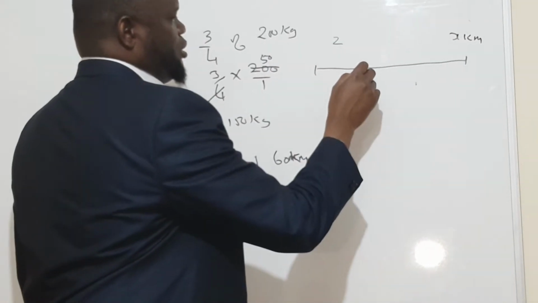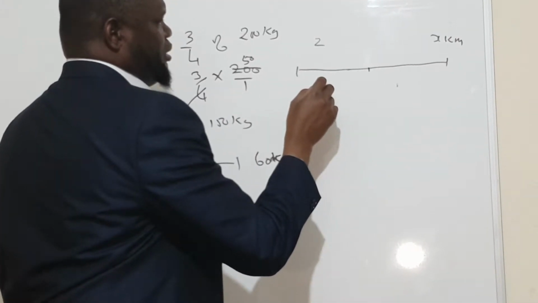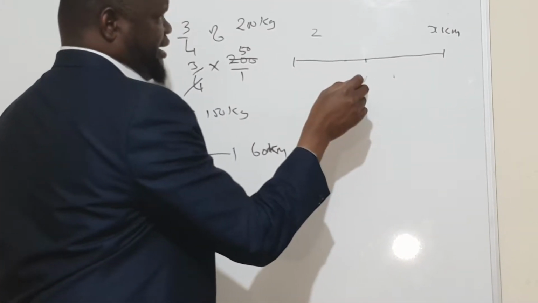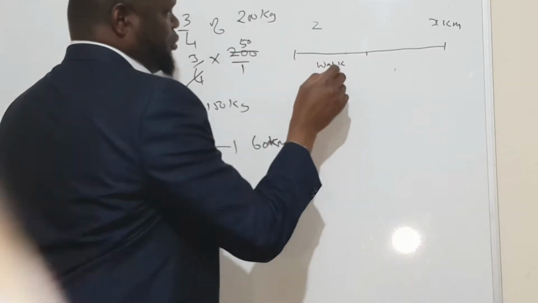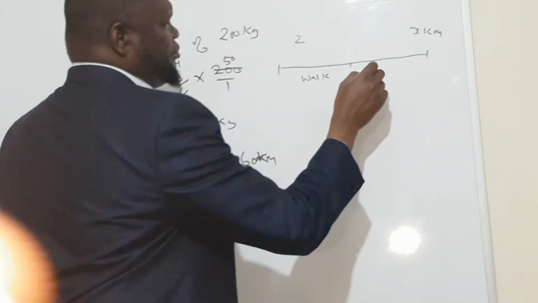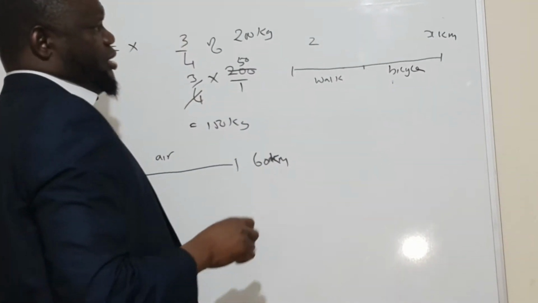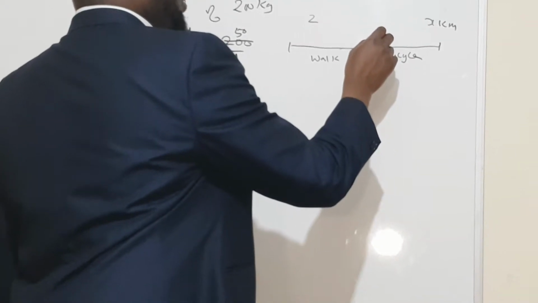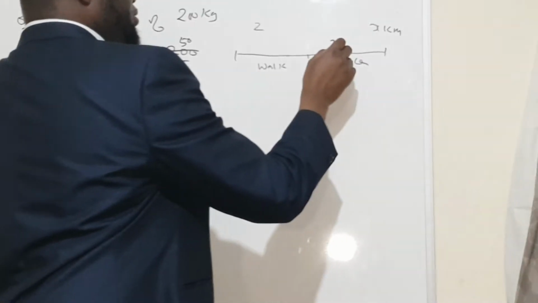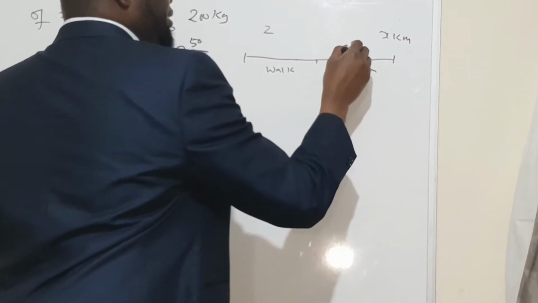Now, half of the journey, that will be an easy one, yes? Half of the journey he walked. The other half he bicycled. Do you get it? The distance he did by bicycle was 10 kilometers.